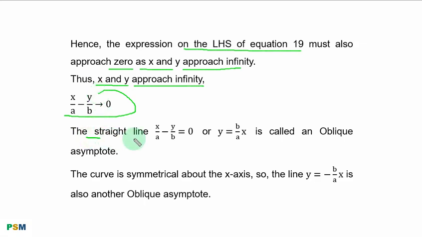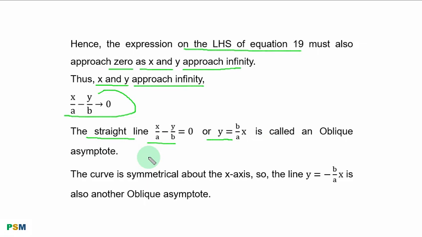The straight line x over a minus y over b equal to 0, or if you solve for y, you have y equal to b over a x, is called an oblique asymptote.